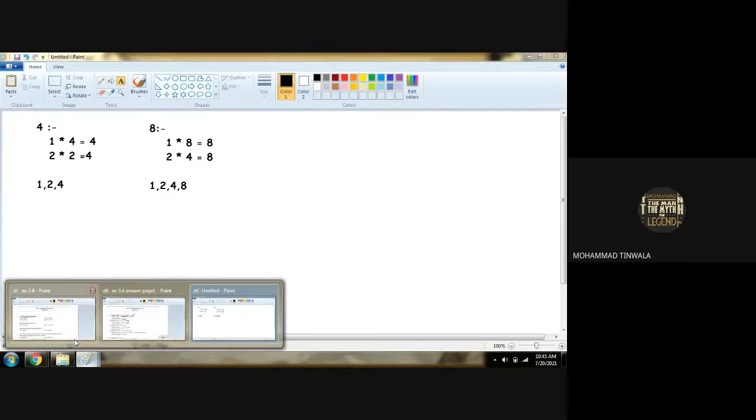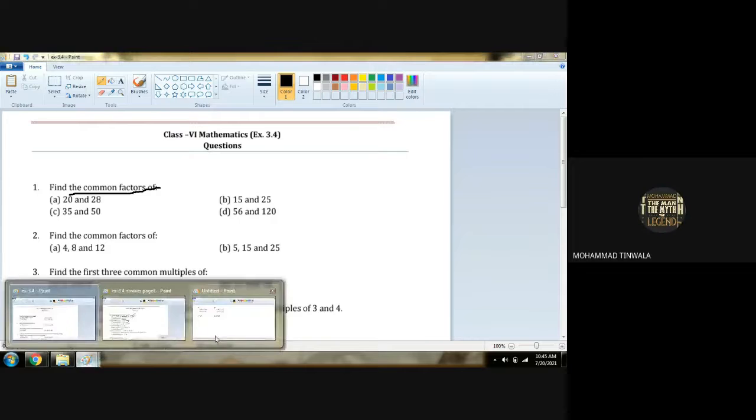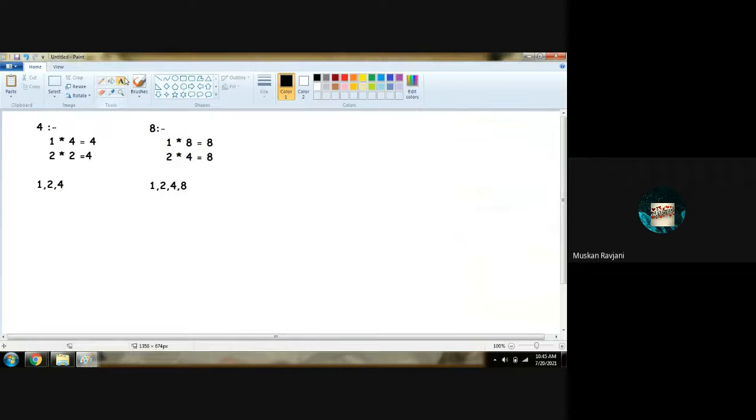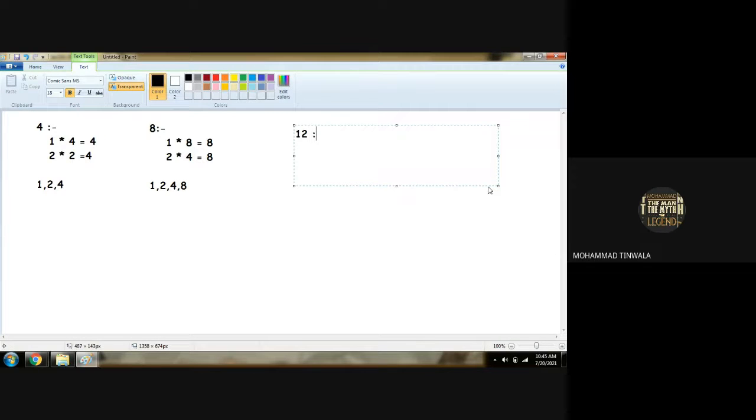And what was the third one? 12. 1 12 is 12. 2 6 is 12. 3 4 is 12.